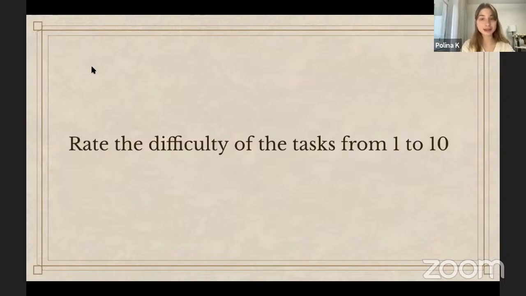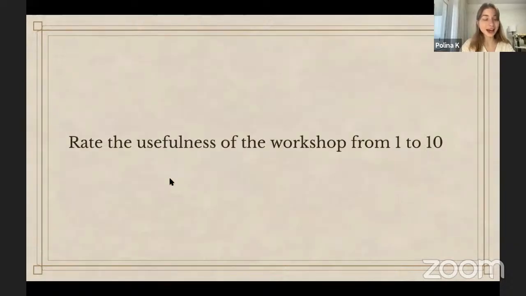It's even not a half. So, excellent. I'm elated. And how useful do you find our workshop today? Again, 1 is not useful at all, 10 is very useful. 10, oh, thank you. That's awesome. I'm glad you have found it useful.